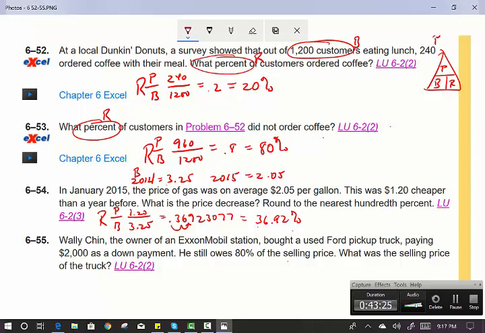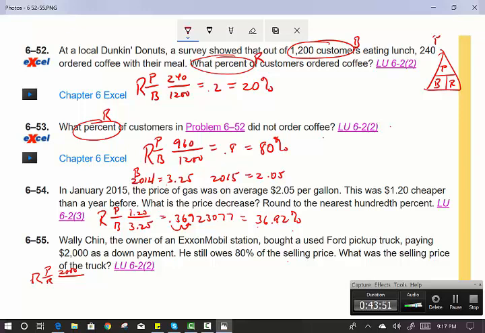And the base is equal to part divided by rate. And the part is the amount of the down payment that he applied to it of $2,000. And we're going to use 20% since that's representative of the down payment.